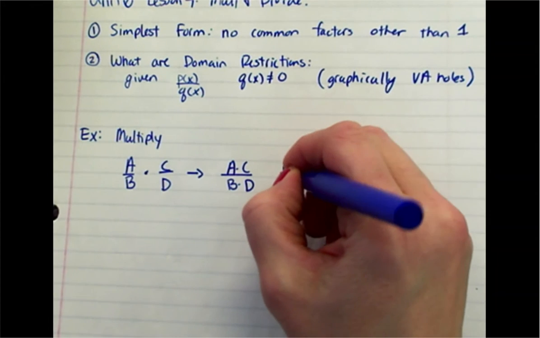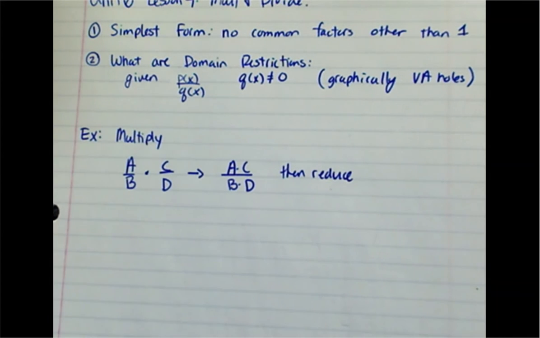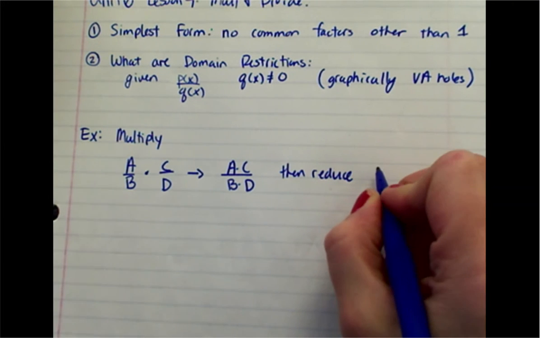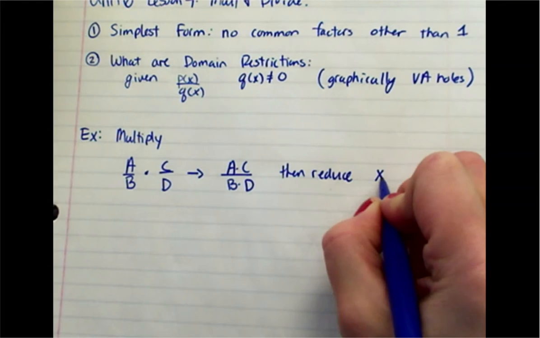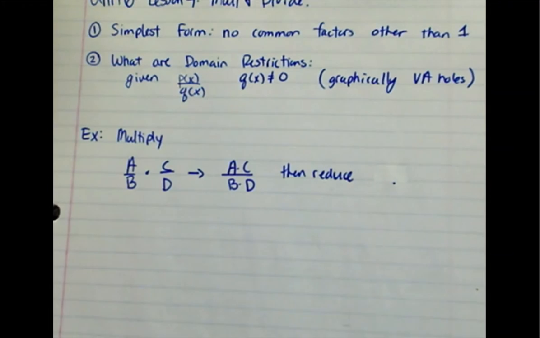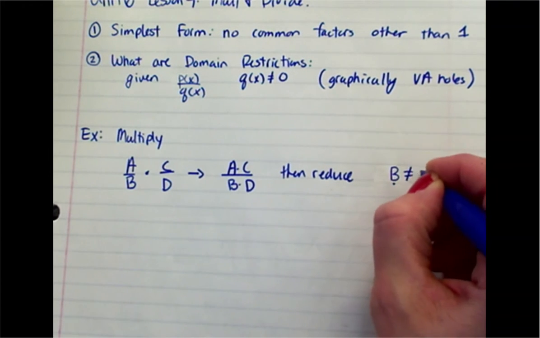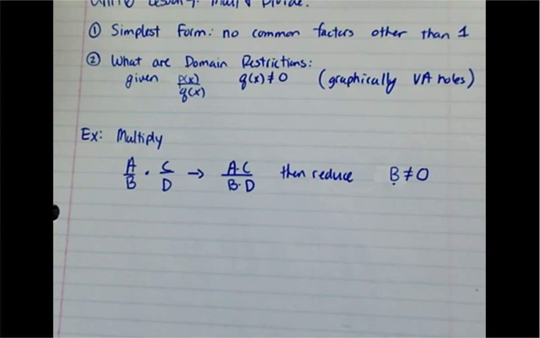So then, okay. I turned it into a single fraction, and then I reduce, like we did with that warm-up activity a week and a half ago. Okay. Now what? My domain restrictions. Let's say this: B can't be 0.